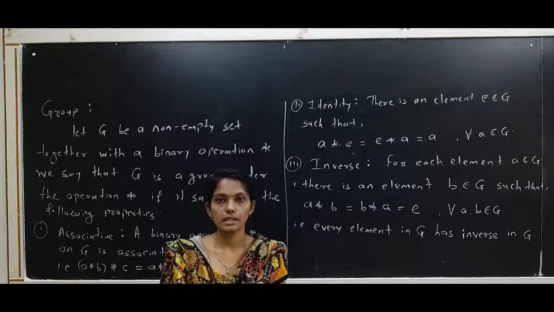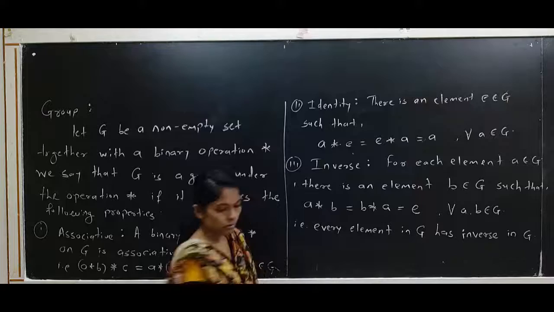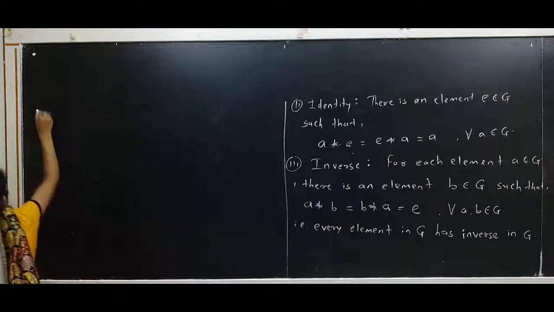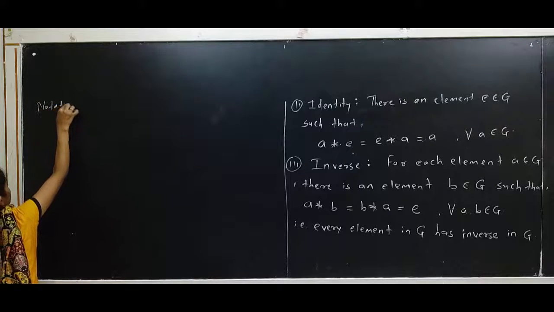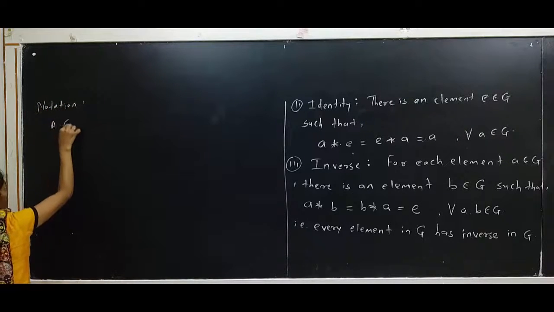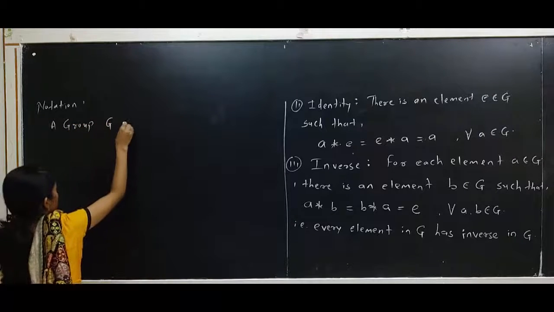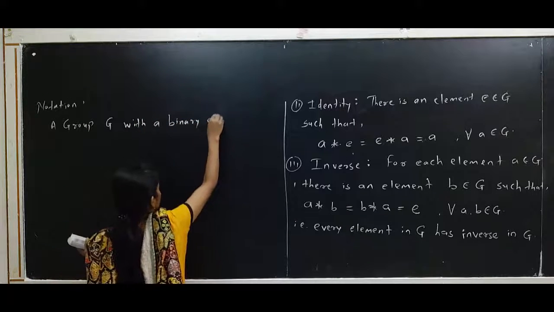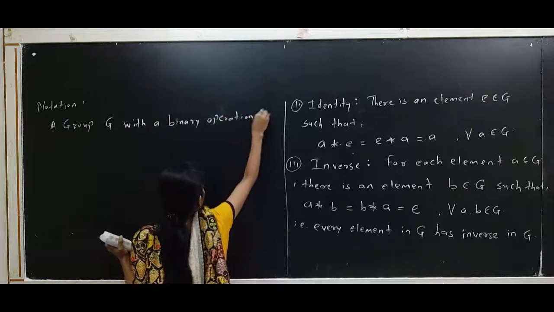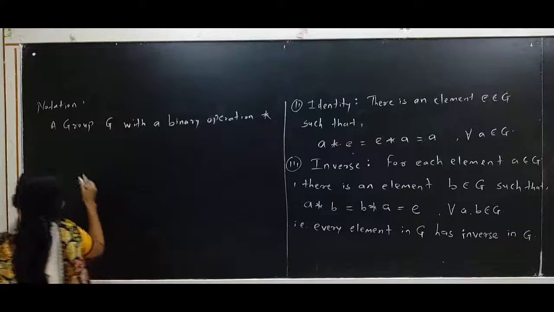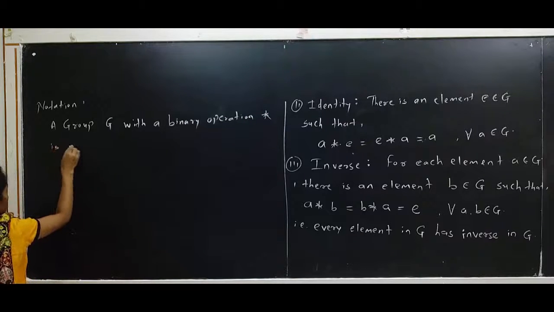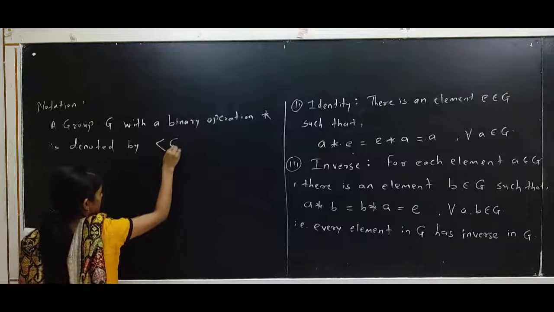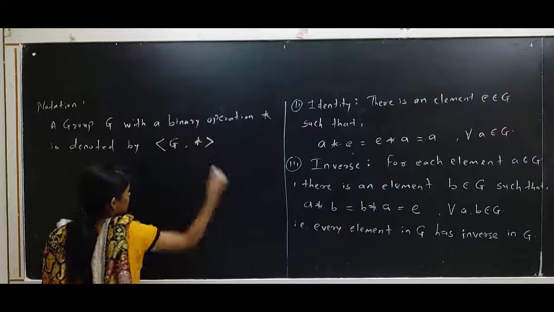Okay, now we see the notation of group G. Notation: a group G with a binary operation star is denoted by this symbol.